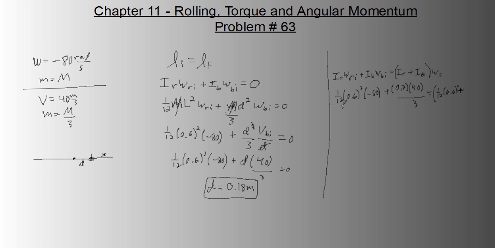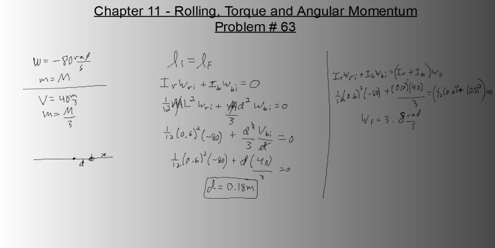By the way, I canceled the masses out already. There were masses in here, so I already canceled them out. That's why I'm not writing the masses in these. So this is just 0.2 squared omega f. These are all numbers, so we can solve for omega f. We get omega f is 3.8 radians per second. That's positive, so that's going to be clockwise.